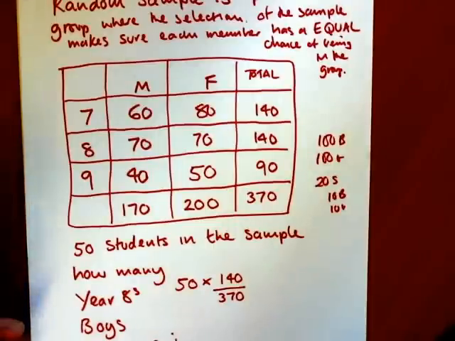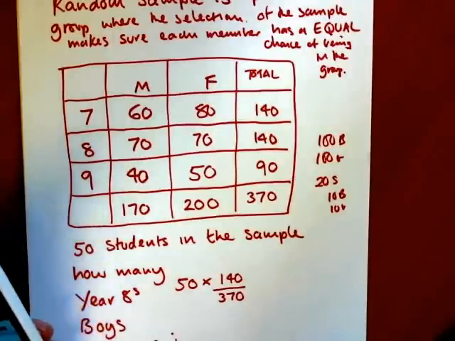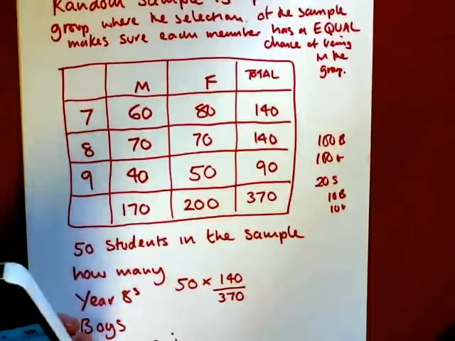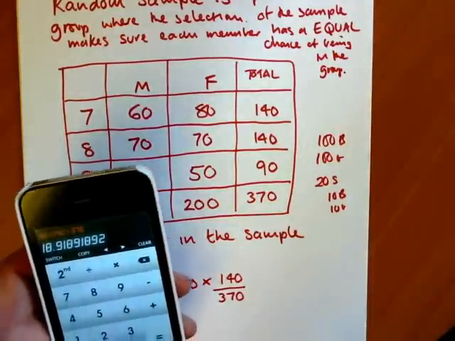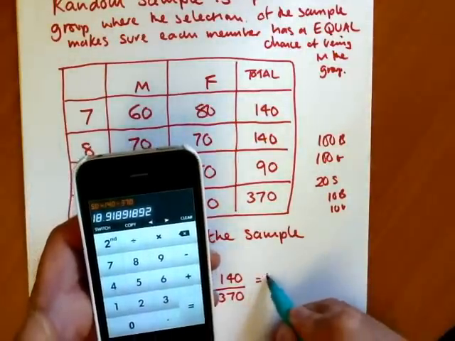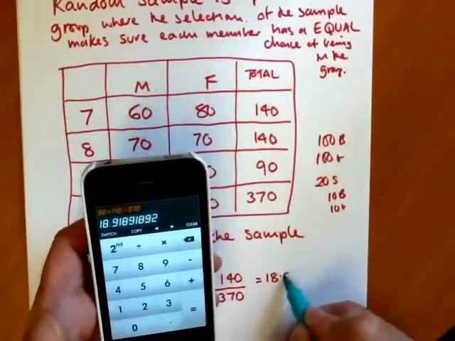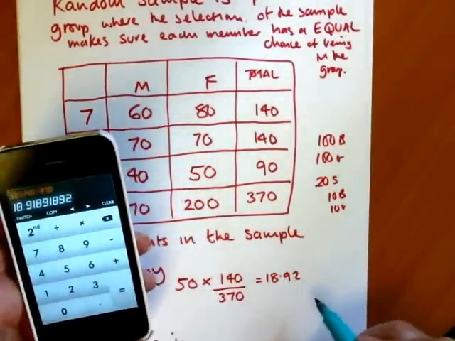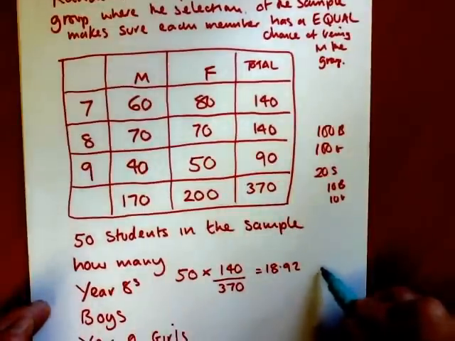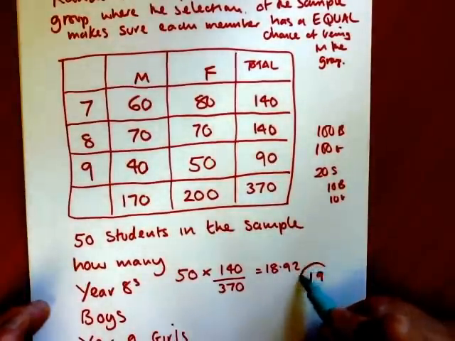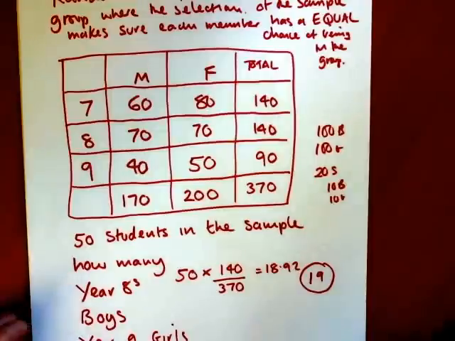There's an important bit to show you at the end when I've worked this out. So 50 times 140 divided by 370 equals 18.91 or 18.92. We can't leave that as the answer because you cannot have 18.92 students, so you must round. The answer we'll give will be 19 Year 8s.